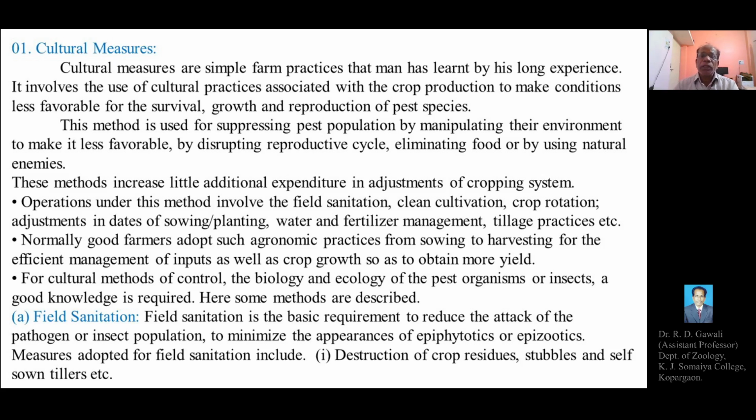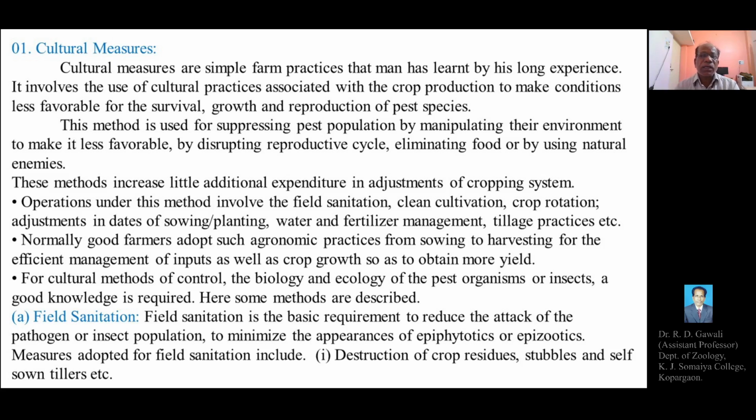Then and only then is it possible to choose a proper practice for pest management or pest control. So, for the cultural methods of control, a good knowledge of the biology and ecology of the insect pest is essential.